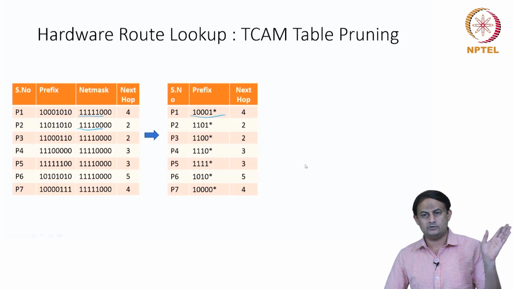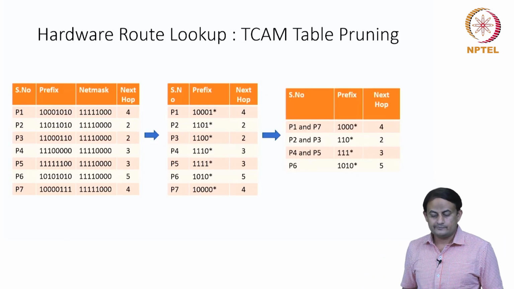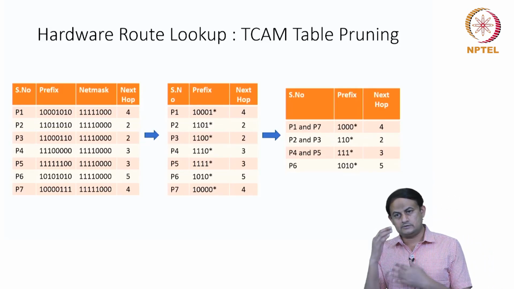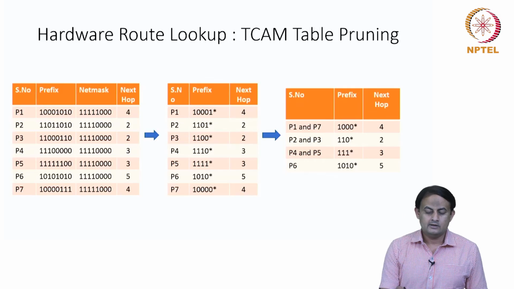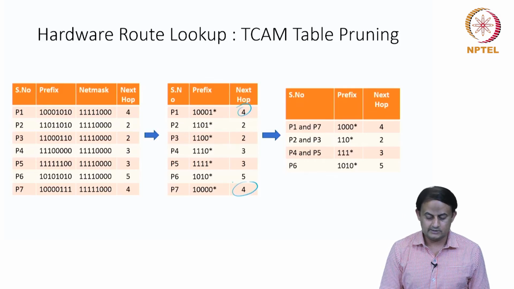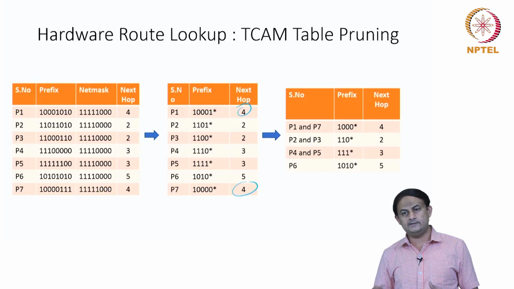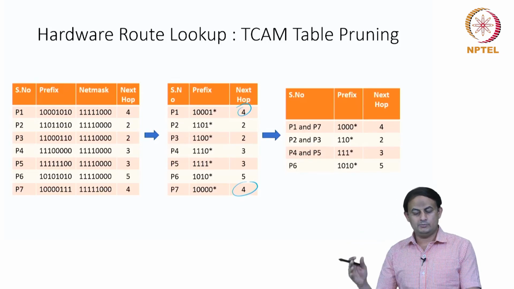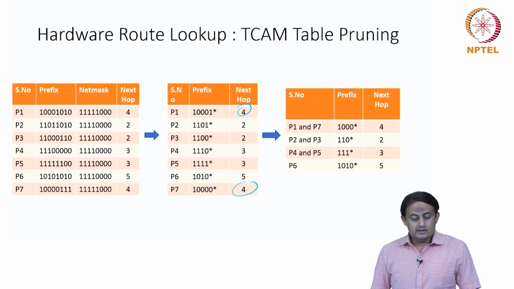So the net mask now disappears from the picture. Now for the same next hop information, the same port number, here port number 4 is there and here also port number 4, any two prefixes having the same output port number or next hop information, you see whether these two can be merged to get one entry.